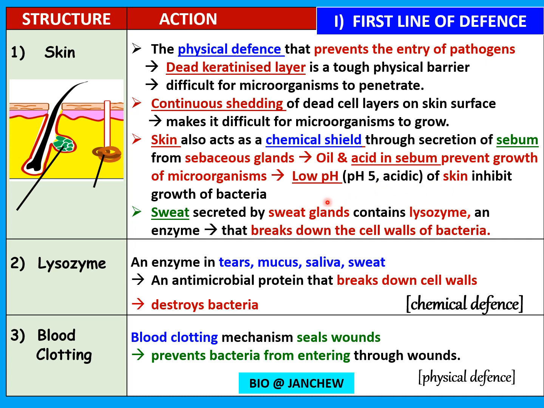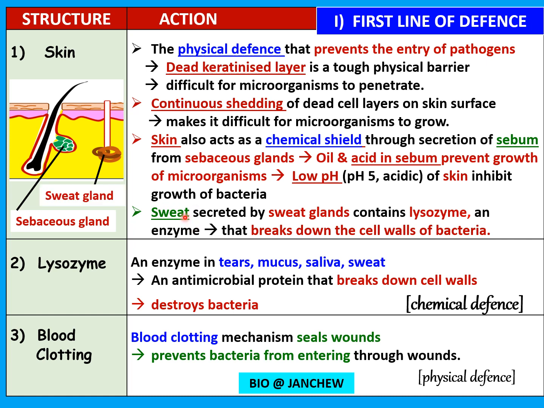So it will inhibit the growth of bacteria because acidic conditions are not conducive for the growth of bacteria. Therefore, skin is not just a physical defense. It also has chemical defenses through the secretion of sebum. So sebum is a type of oil secreted from the oil glands or sebaceous glands. It also contains acids, and this causes the skin to be acidic. So this will prevent the growth of bacteria.